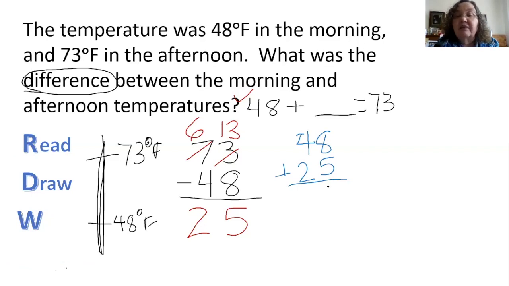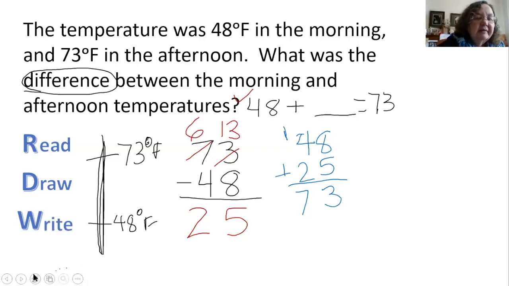I'm going to put down the 3 and carry that one group of 10. And 1 plus 4 is 5, and 5 plus 2 more is 7. Beautiful. Now, there are other strategies I could have used, but this is the traditional algorithm.